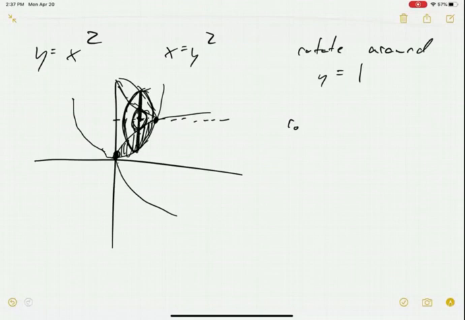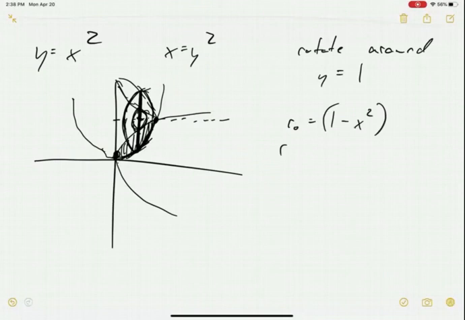That would also be my outer radius. If I measure downward, I can use my original equation for my function. So this curve here is y equals x squared, so my outer radius should be 1 minus x squared.